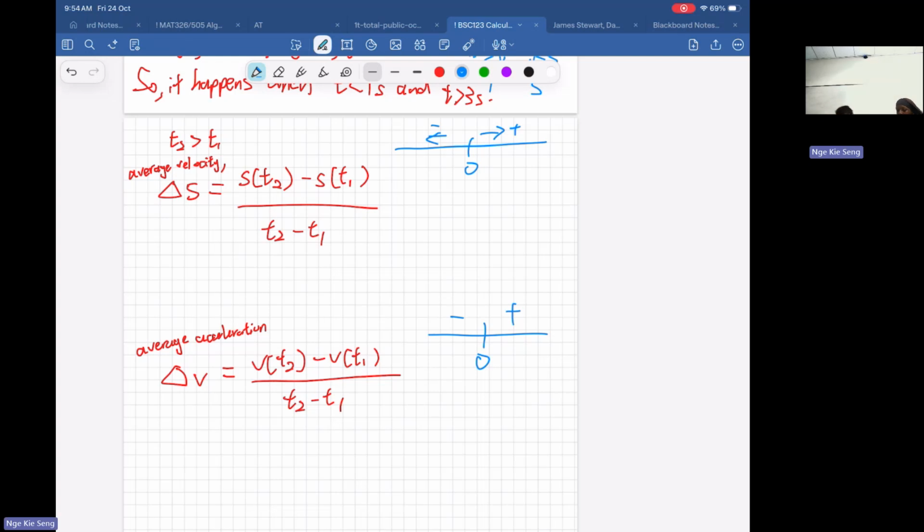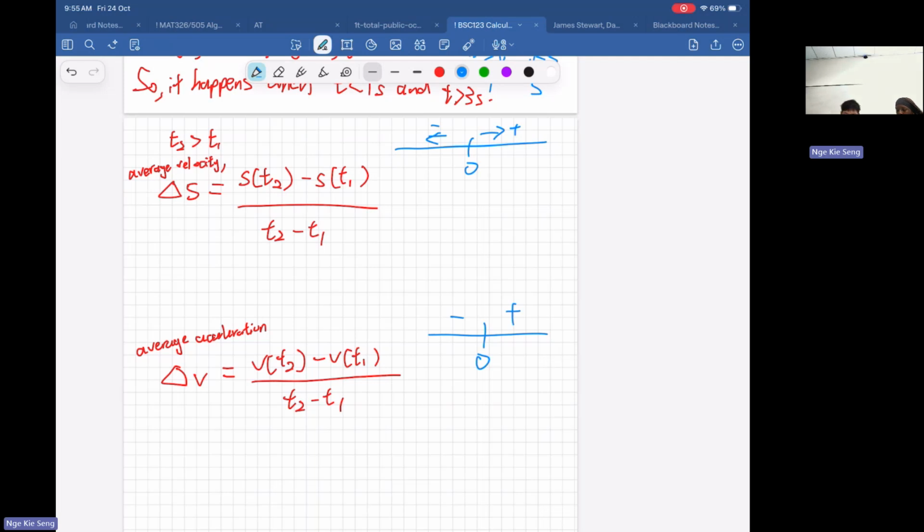It's still about direction. So delta V tells you in what direction this velocity increases. If it is positive, then it increases on the right side. I mean, you move to the right faster, and on the other side, you move to the left faster.